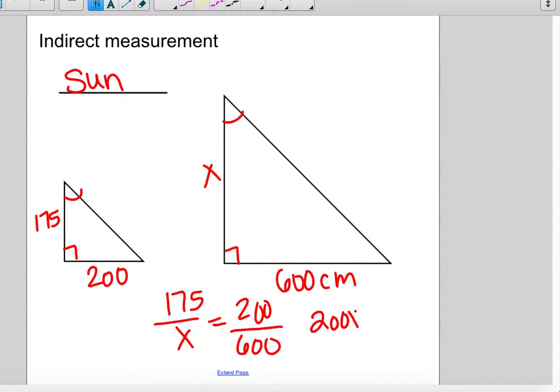So we're going to have 200x equals 175 times 600, so 105,000, big number. And we'll then divide by 200 to get x by itself, and the height of this tree is 525 centimeters tall.